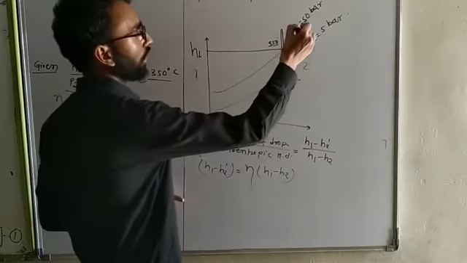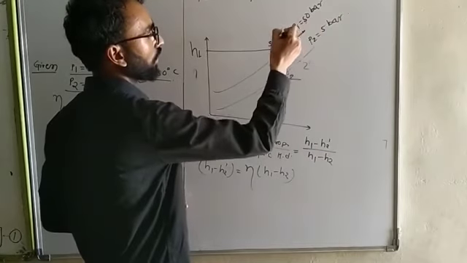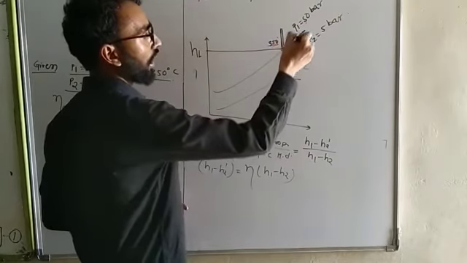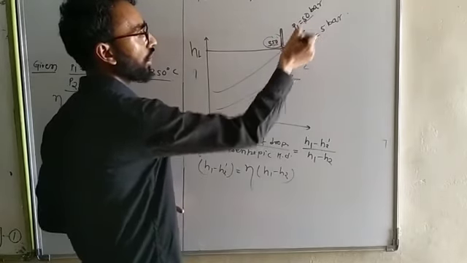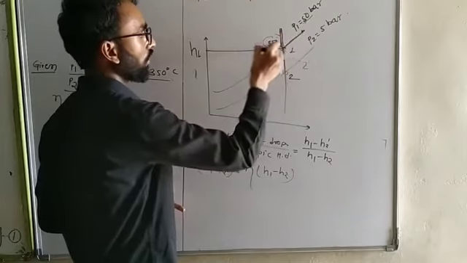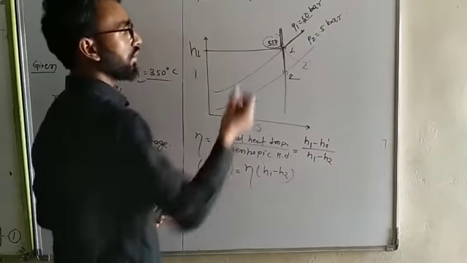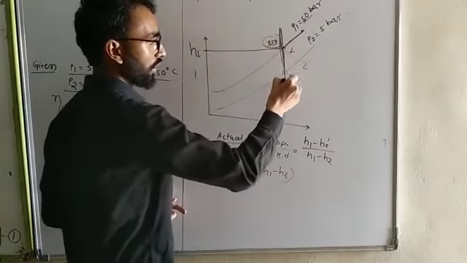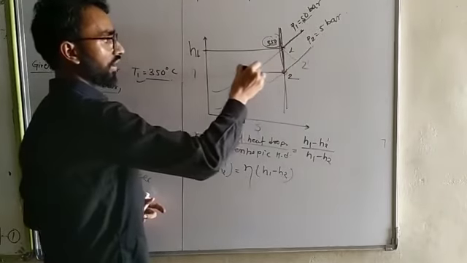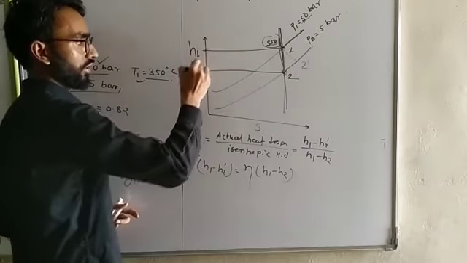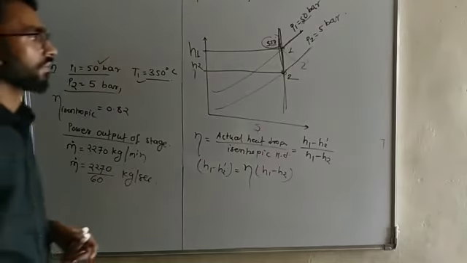Now here the temperature is equal to 350 degrees Celsius and pressure is equal to 50 bar. You can find the value of H1. Like this, with pressure equal to 5 bar, you can find the value of H2.